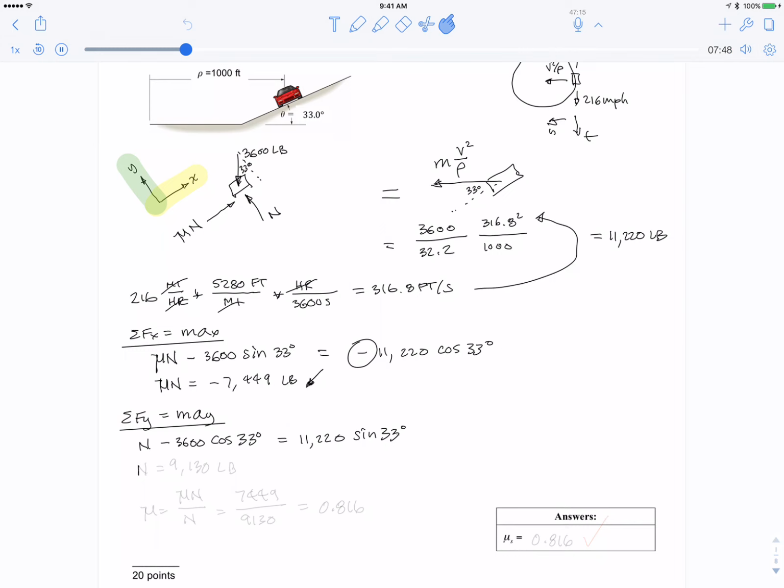And so the normal force is 9,130 pounds.